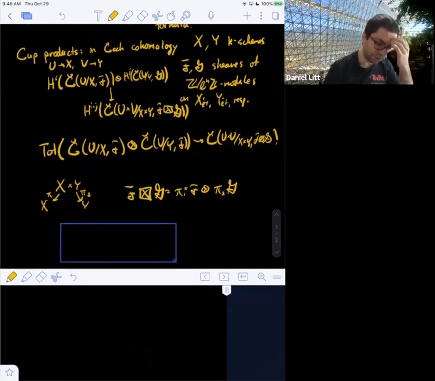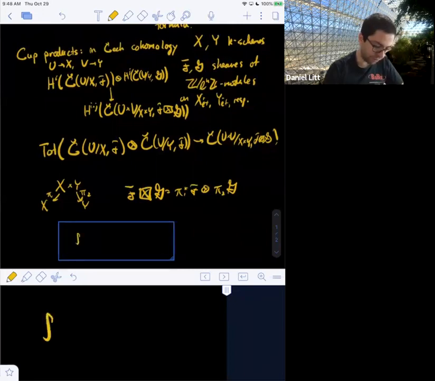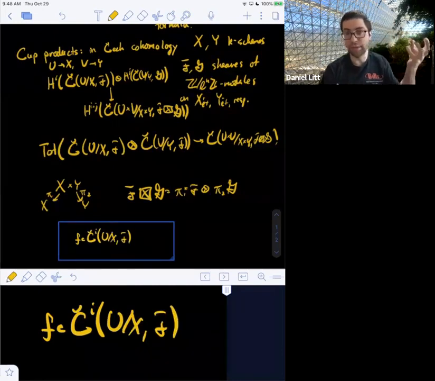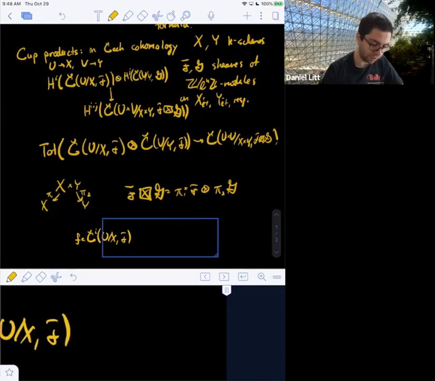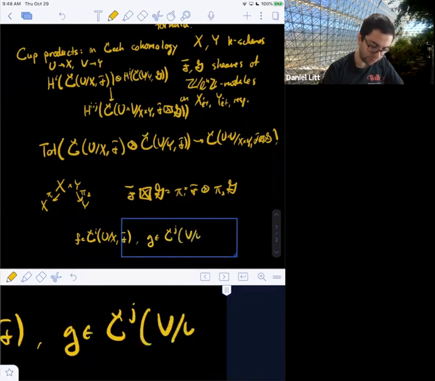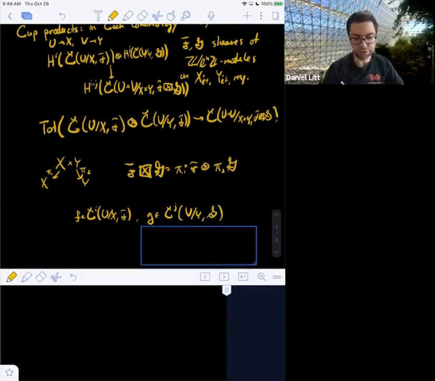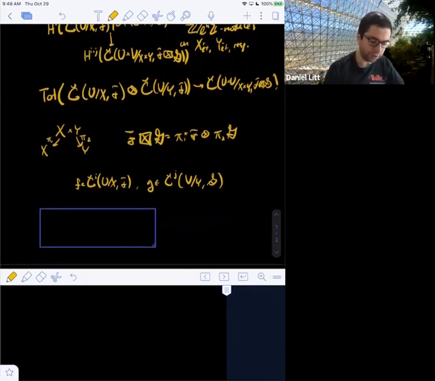Okay, so what is this product? Here, given f, which is in C^i, the ith term of the Čech complex of F, this is a section of the pullback of F to U cross U cross... the (i+1)-fold fiber product of U over X. And given g in the Čech complex of V over Y, this is a section of G pulled back to some multiple fiber product of V over Y. Well, what do we get?